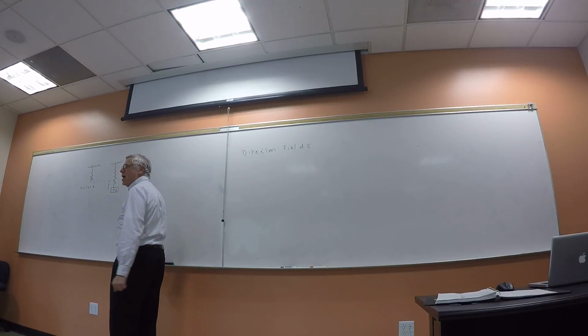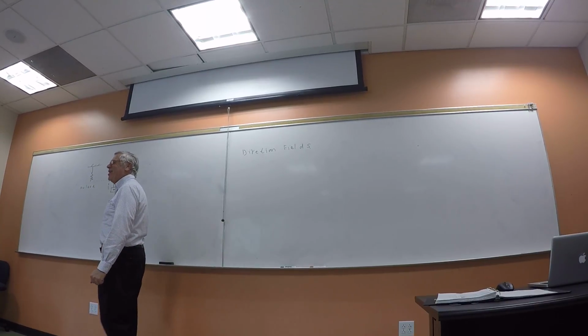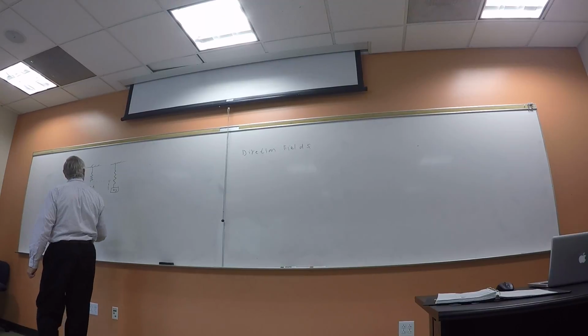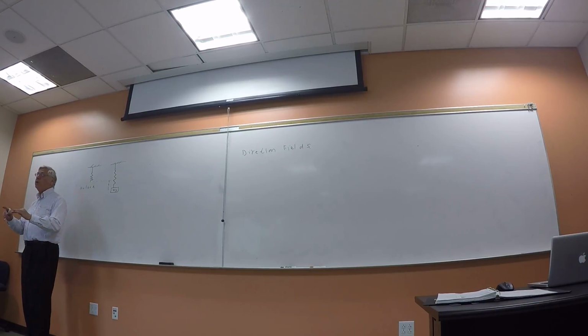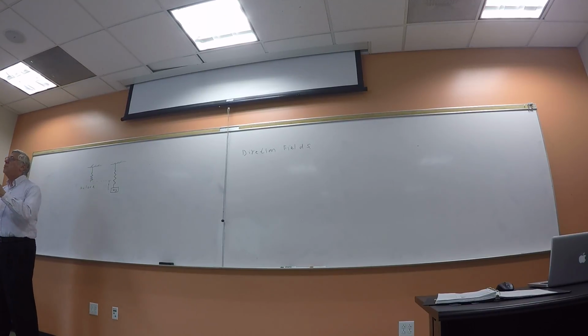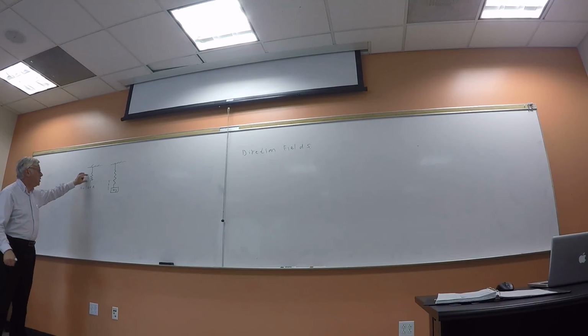You make a free body diagram of this. I don't think I have to do that. Remember, there's a spring with modulus K. The restoring force is K times the stretch; here it's zero stretch.